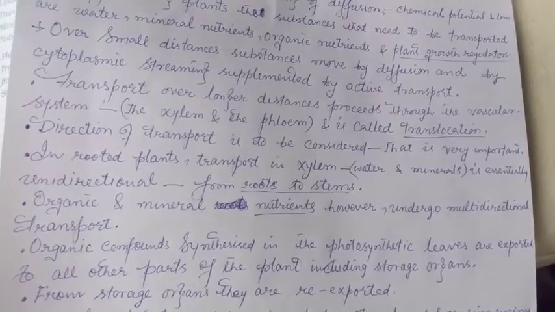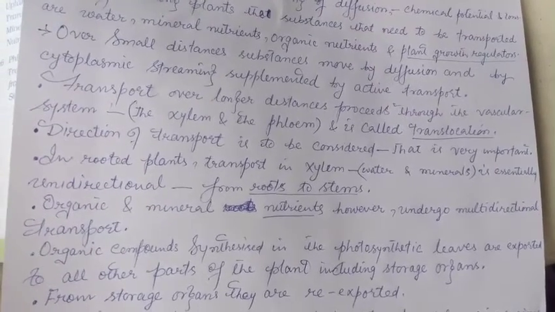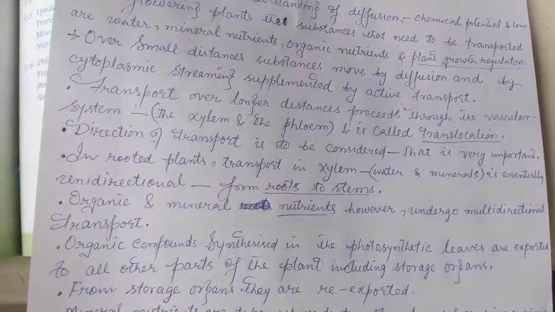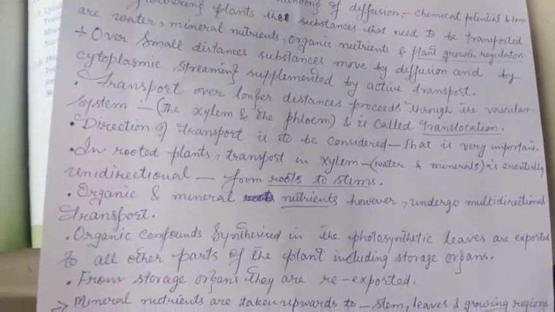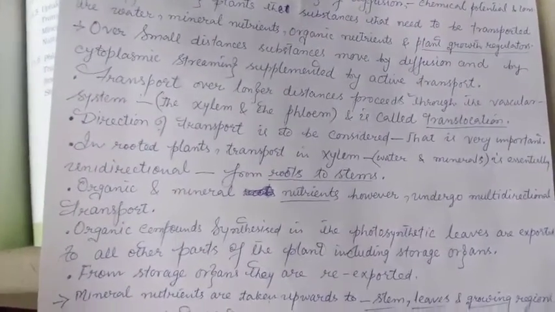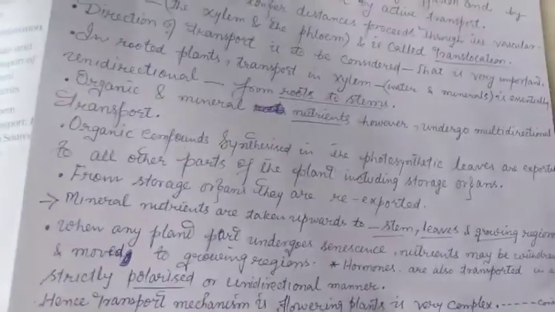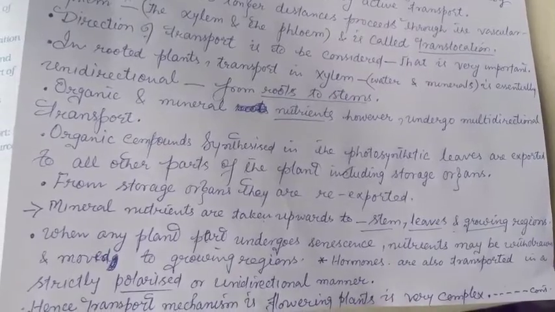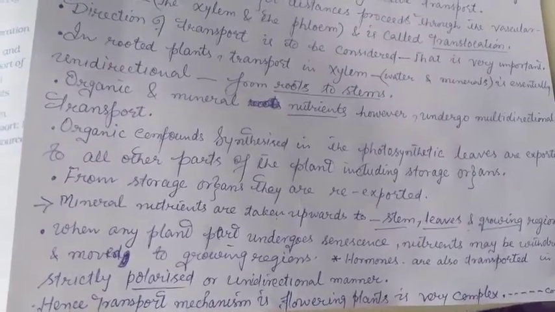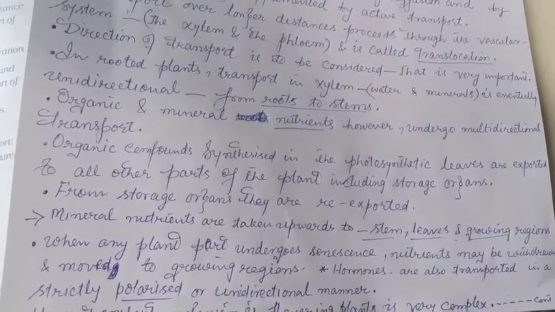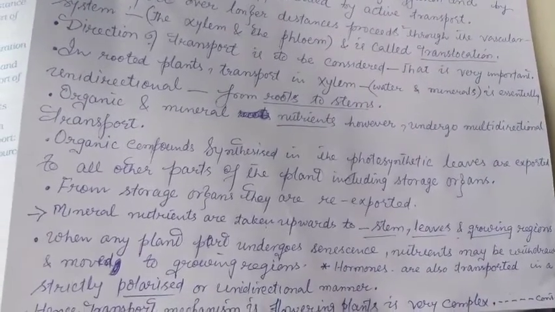From storage organs, they are re-exported wherever needed and they are carried to such places. And mineral nutrients are taken upwards to the stem, leaves and growing regions. When any plant part undergoes senescence, is about to die, nutrients may be withdrawn and moved to growing regions.